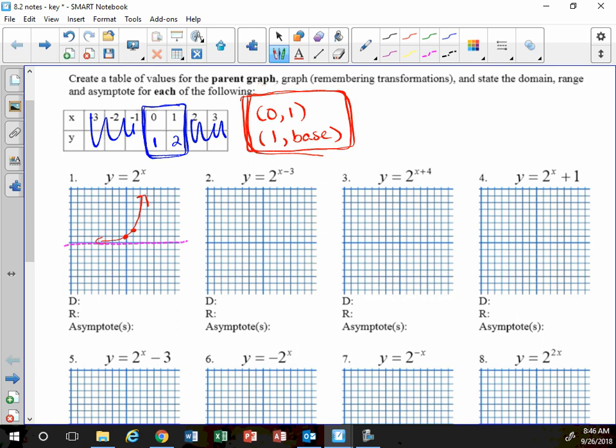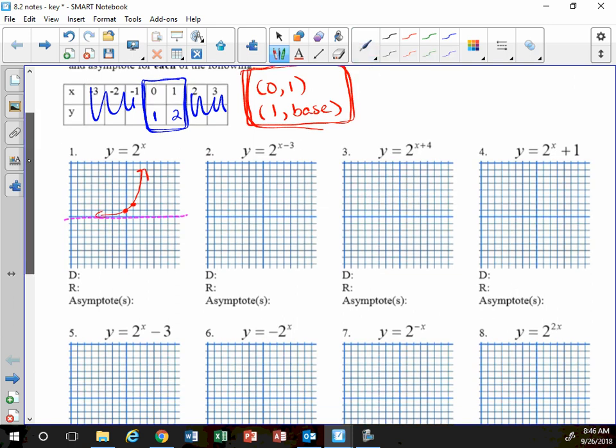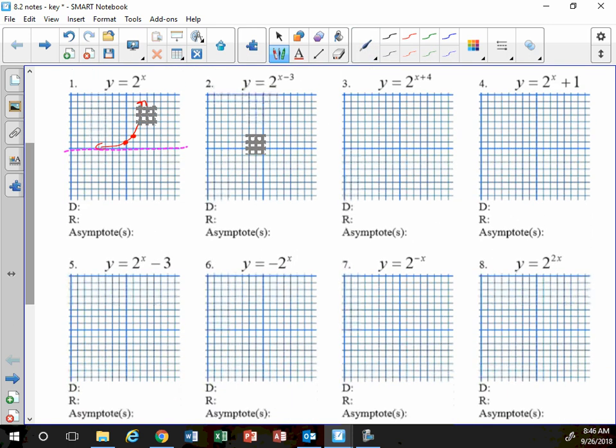The way we're going to graph everything is by starting with those 2 points and then doing all of your transformations. So our shifting, reflecting, stretching, all of that stuff from those 2 points. So looking at the one we just graphed, what is my domain? Good. Negative infinity to infinity.